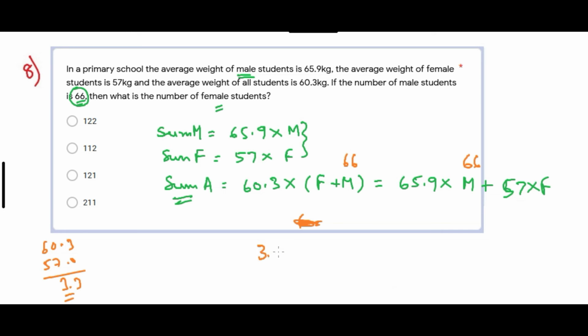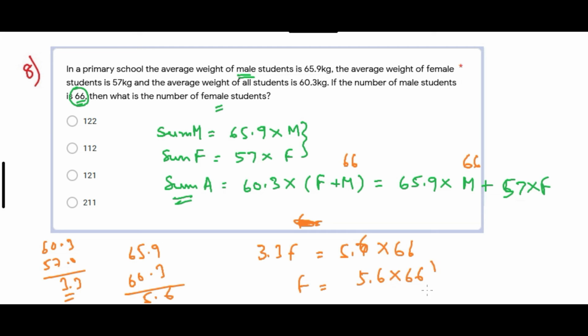So 3.3 F is equal to, 65.9 minus 60.3 is 5.6, into 66. So female F is equal to 5.6 into 66 divided by 3.3.